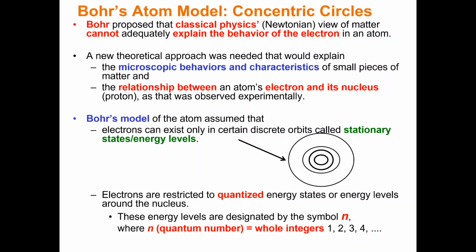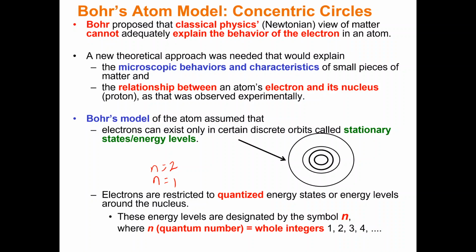So what are we saying here? Rutherford told us that the electrons essentially just orbit the nucleus however they wish, and the nucleus is positive and the electrons are negative. But what Bohr is saying is, since we know that's not exactly true, what might be true is that maybe the electrons can only exist at certain energy levels. So remember we said things like n is equal to 1 or n is equal to 2. Those are our energy levels. And we're going to talk about why it's called n in just a few moments.